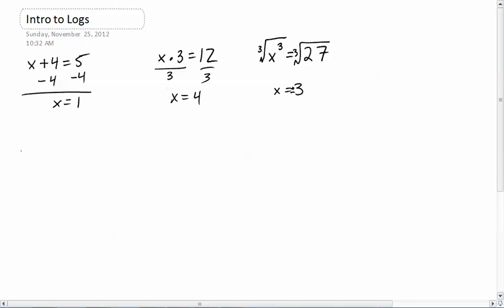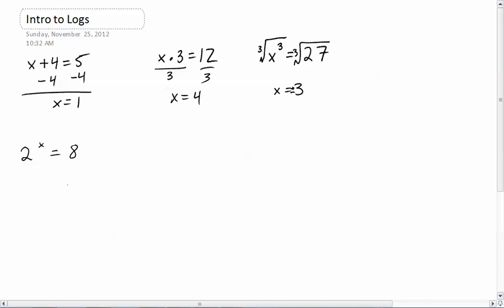Okay, let me present you with this idea. What if we have 2 to the x power equals 8? If I were to solve this using the same procedure, we learned how to do this in the last section, if 8 is a nice number. But what if 8 is not a nice number with 2 as the base?